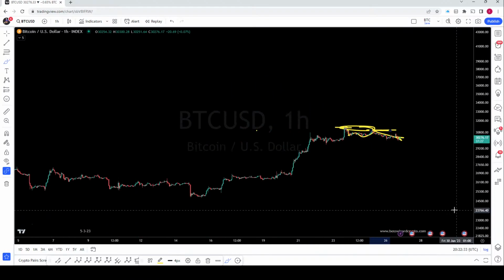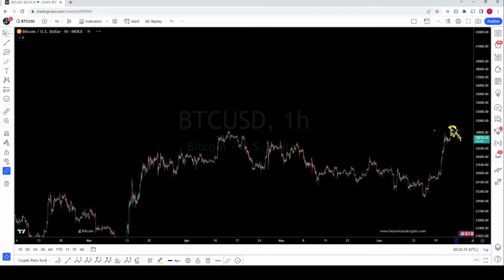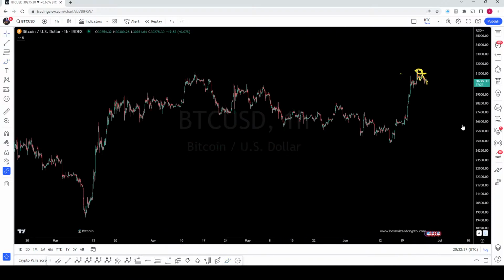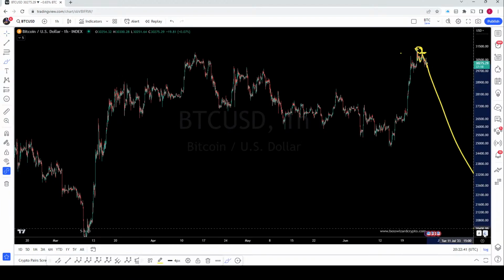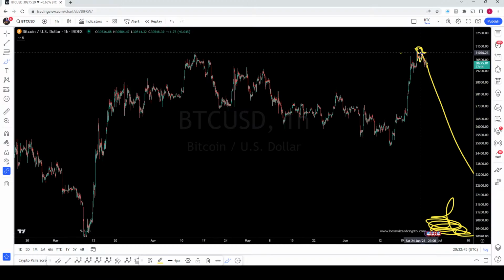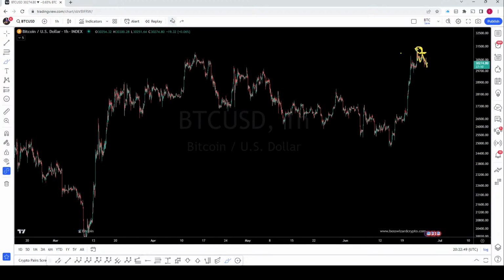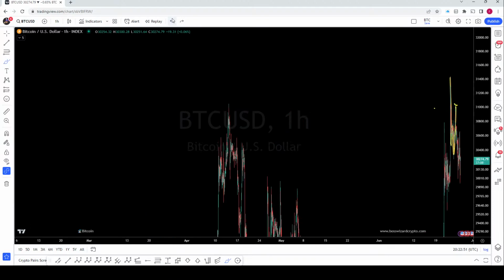Okay, if we zoom out, we're zoomed in so far, you get lost down here, with the potential to keep this position open all the way down here, okay, for 0 risk. And that's what trading's all about, okay?